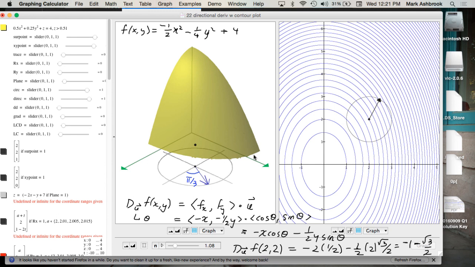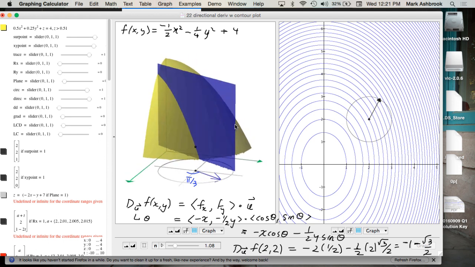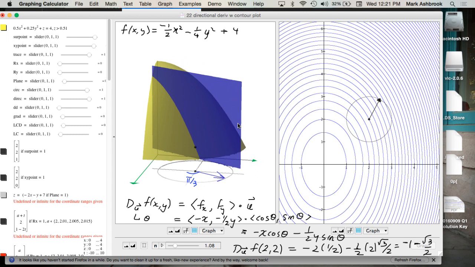And I can show you that here. Remember, if I took a tangent plane there, and I slice this thing in the direction that we're picking, then it would be the slope of that contour right there, right? So right there at that point, the rate of change is this negative 1 minus radical 3 over 2.